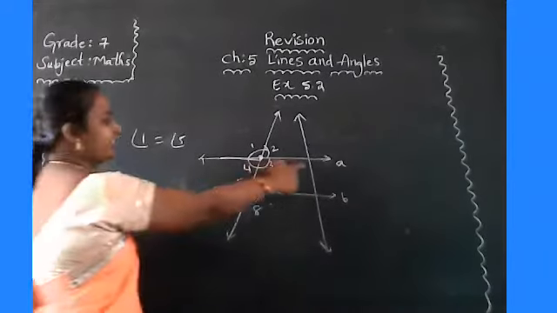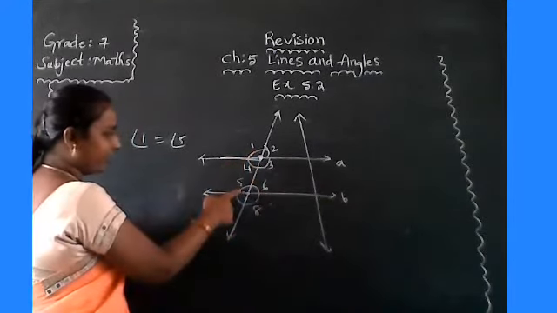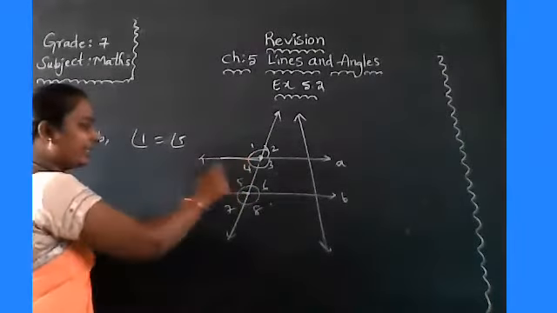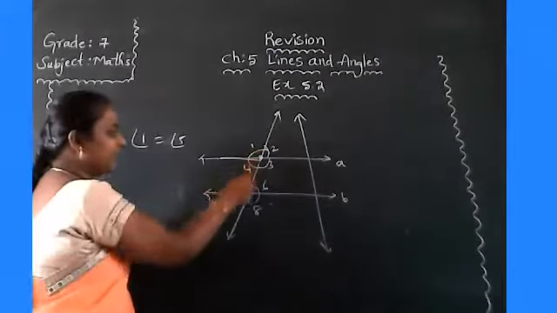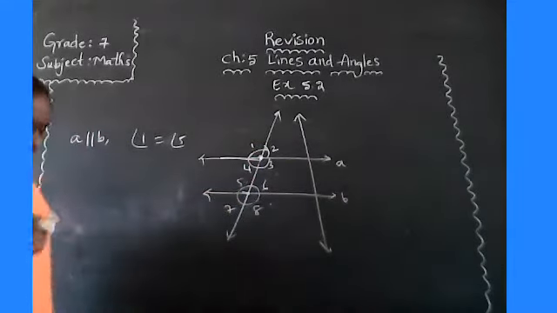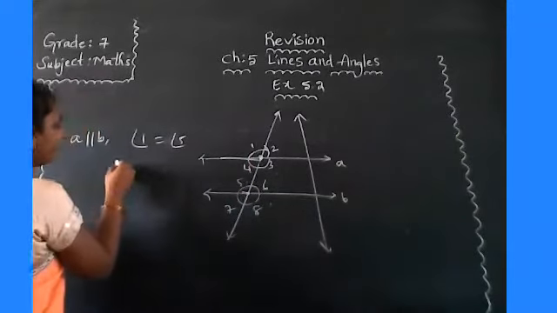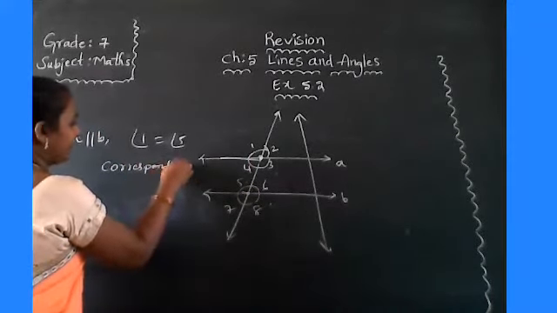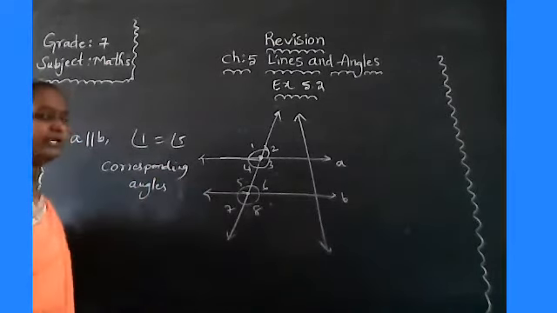So A is parallel to B. If angle 1 is equal to angle 5, tell me, why? Very good. Corresponding angles are equal. Because of the corresponding angles property. Okay, right.